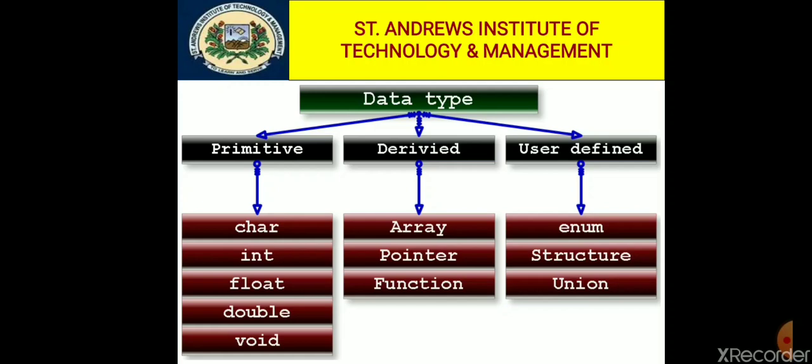It is a collection of multiple things or multiple items to represent as a single entity or single word. That means it's called structure. These data items need not be of the same type. Thus, a structure can have one or more integer field, real field, or character field.